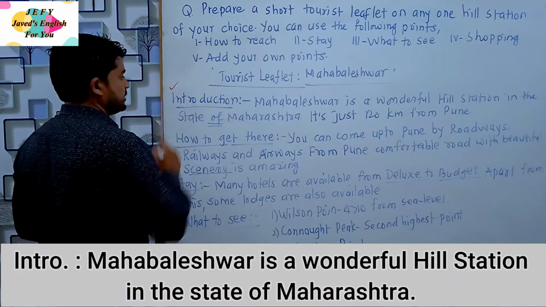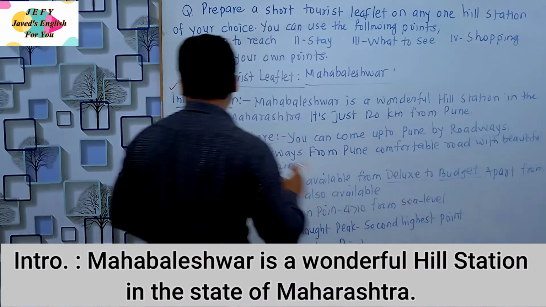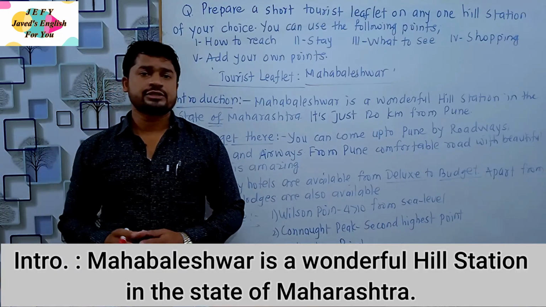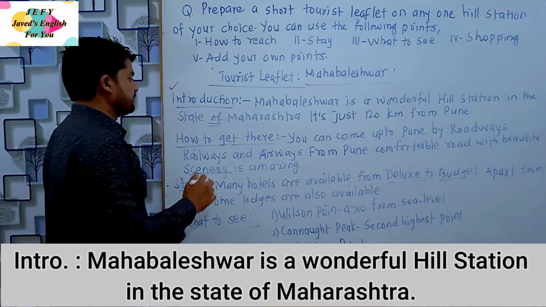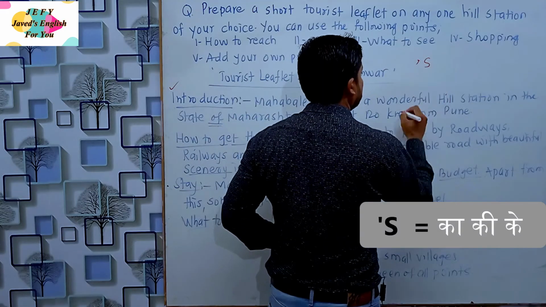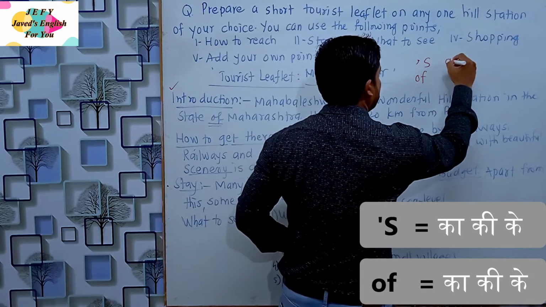Let's begin with introduction. Mahabaleshwar is a wonderful hill station in the state of Maharashtra. Where is it located? In the state of Maharashtra. Now look here, there are 2 words: apostrophe S and of, both meaning "ka".